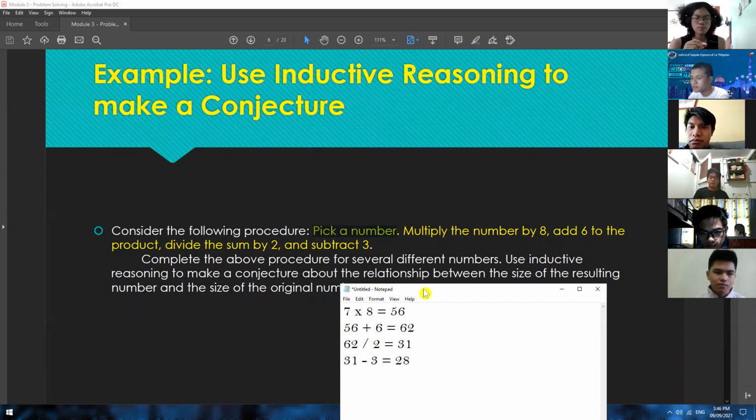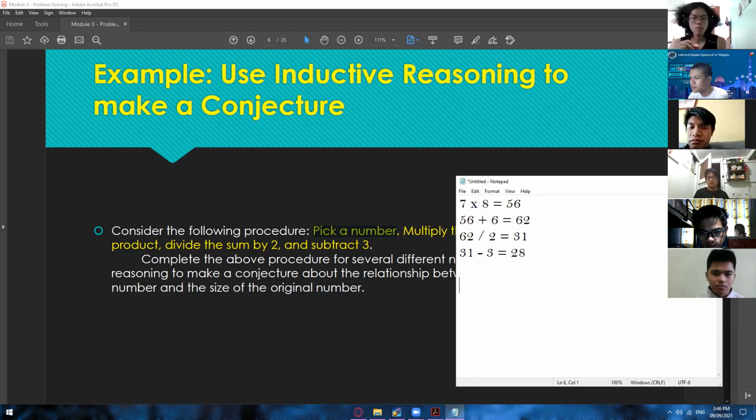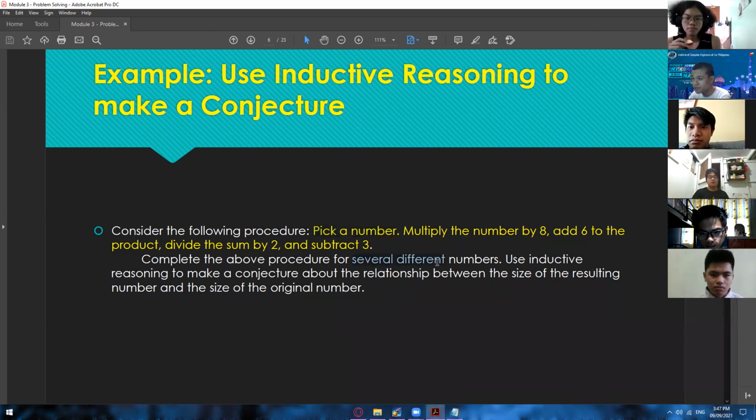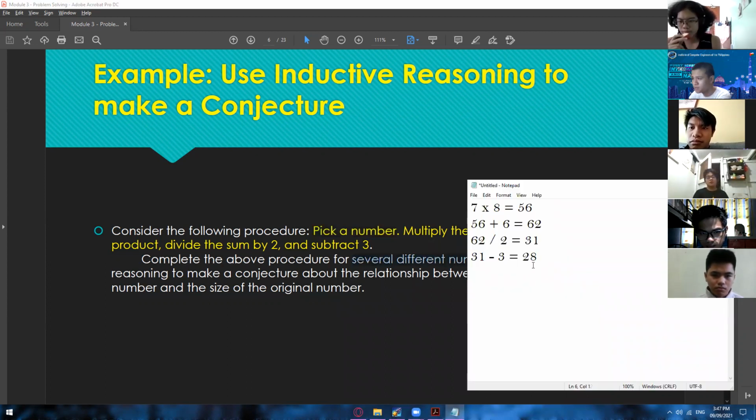Okay, let's have another number. We have to complete the above procedure for several different numbers. Anyone who would like to suggest a number again? 5. Okay, 5 times 8 is equal to 40.